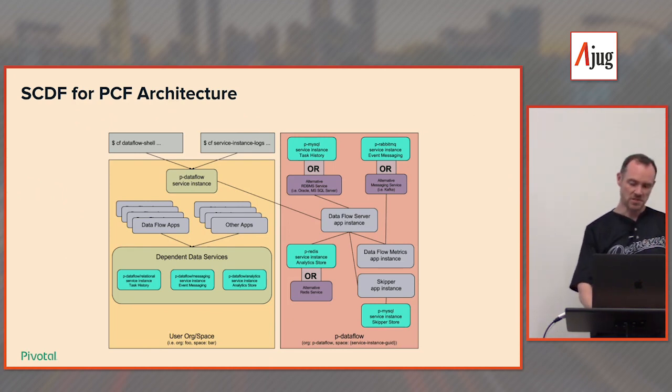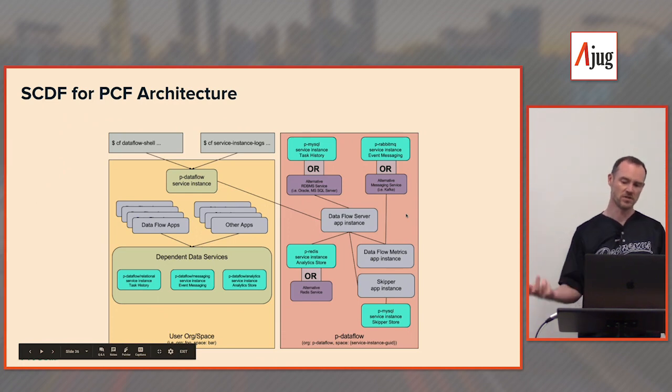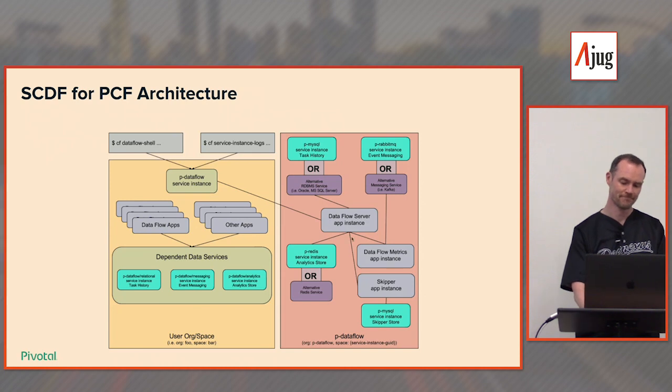It's probably hard to see a lot of that, but the idea is that the MySQL, the Rabbit, and the Redis and the Data Flow server itself, as well as the metrics and Skipper apps, which we're also not going to go into much detail on, but they're supporting apps that are released to support Data Flow. Those all get deployed into an org space that is created on the fly when you provision a new Data Flow server.